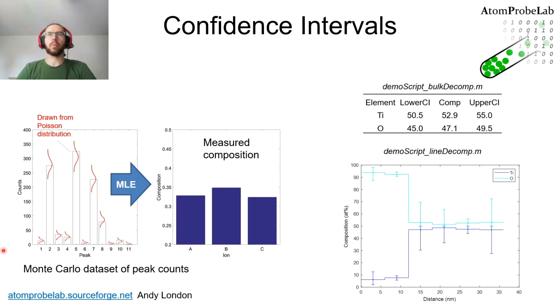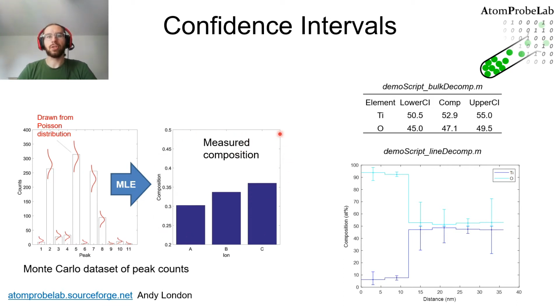So the other thing that's quite important are confidence intervals. The way these are calculated in AtomProbeLab is that a Monte Carlo simulation is performed assuming a Poisson distribution of counts for each peak, where the average of that distribution is the measured counts in each peak that you've observed. This is solved by maximum likelihood estimation in order to give a set of measured peak overlap solved compositions.